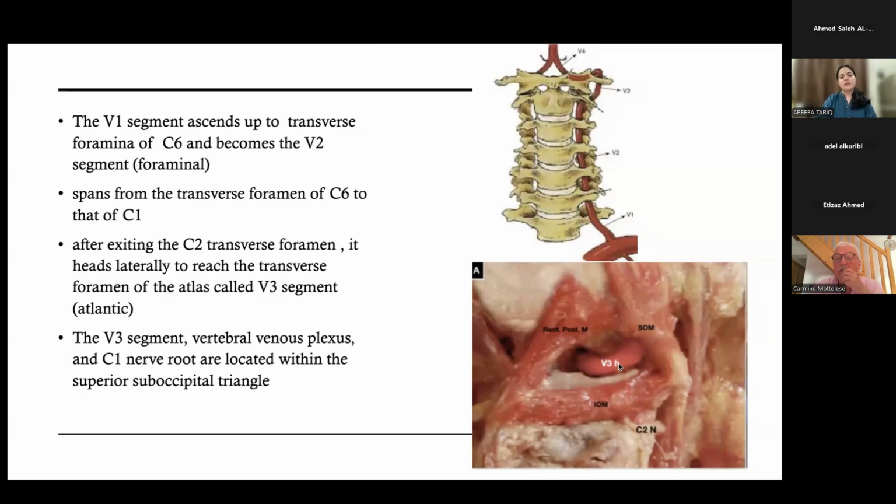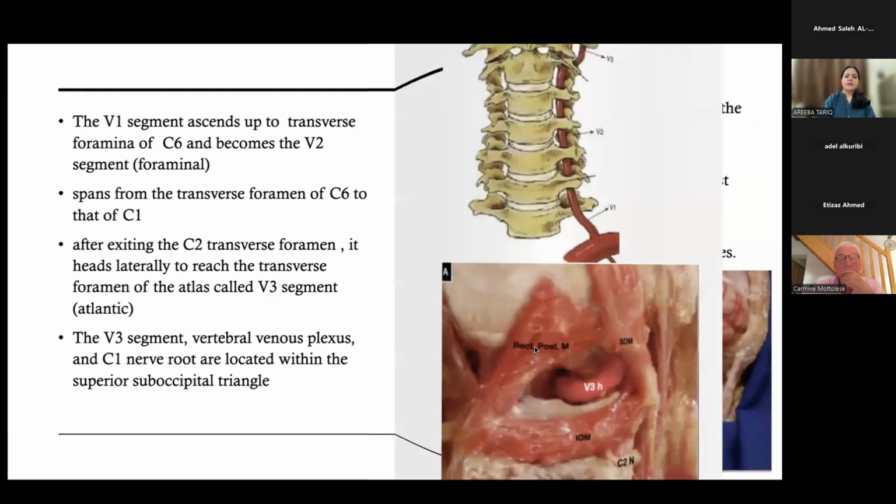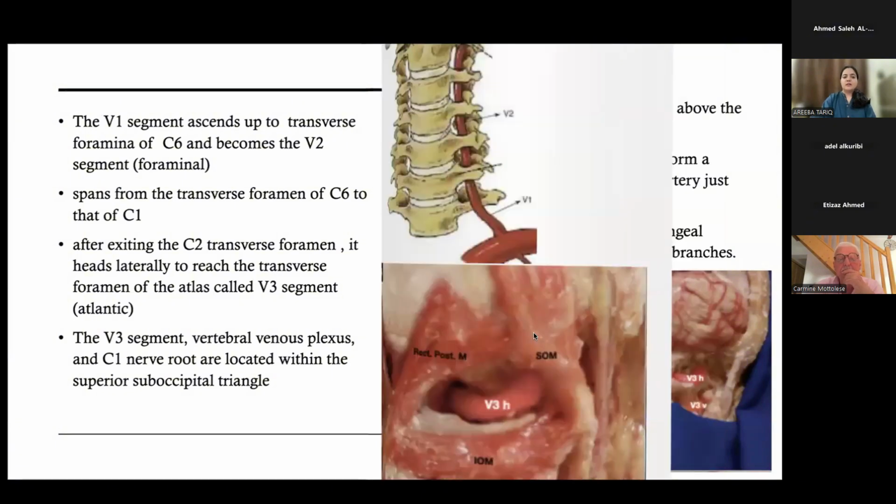In this V3 segment, the vertebral venous plexus and C1 nerve roots are located within the superior suboccipital triangle. The C1 nerve root is very closely related to it.